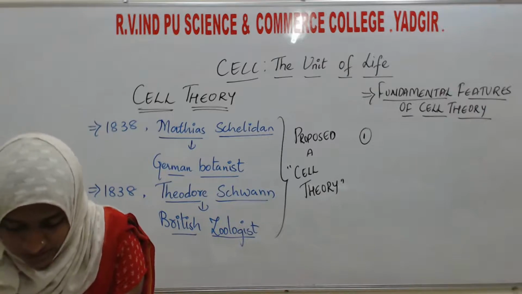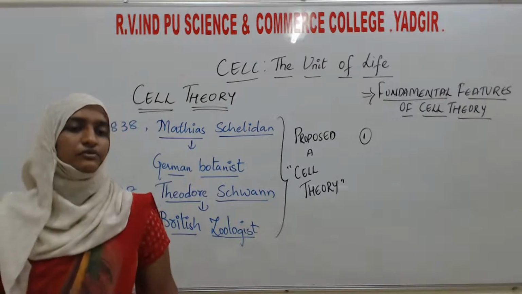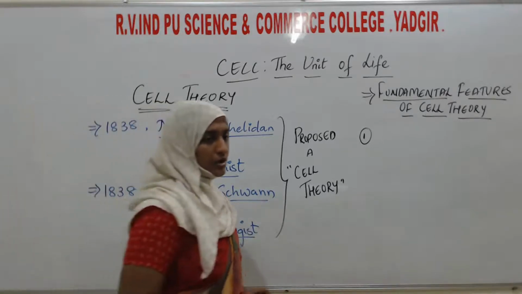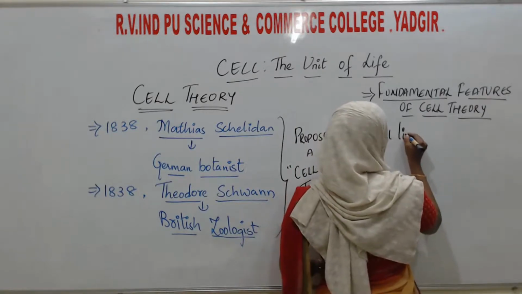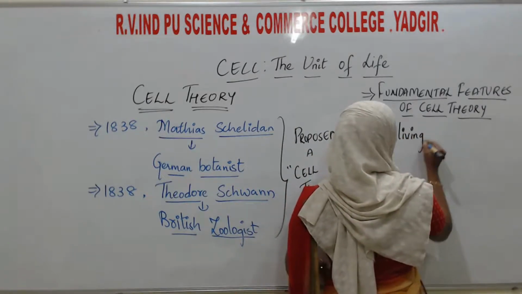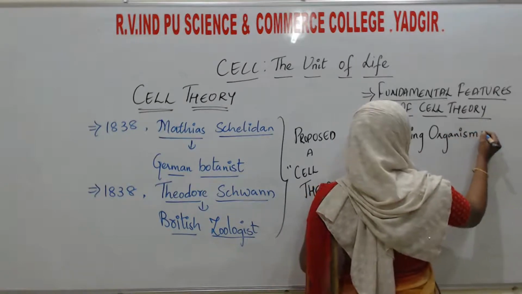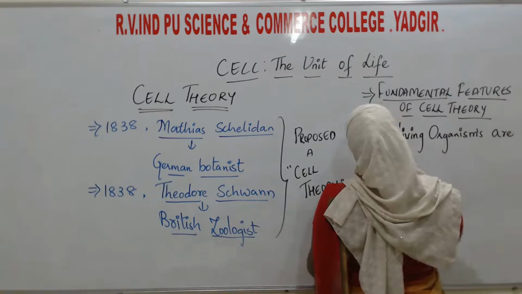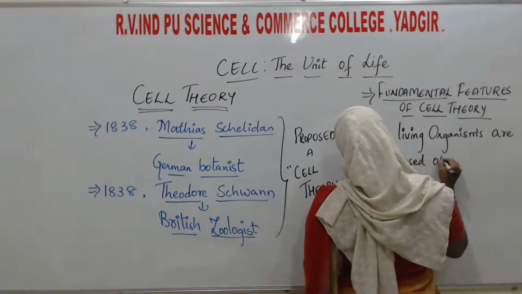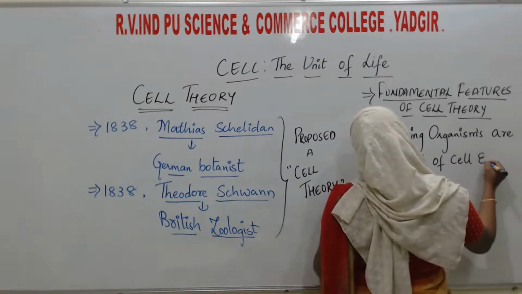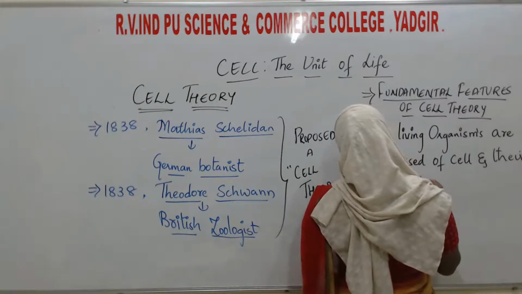They are composed of cells and their products. This is the first fundamental feature of cell theory: all living organisms are composed of cells and their products.